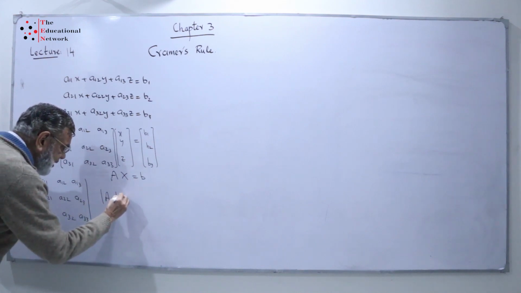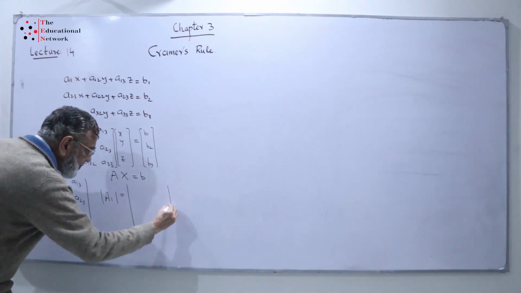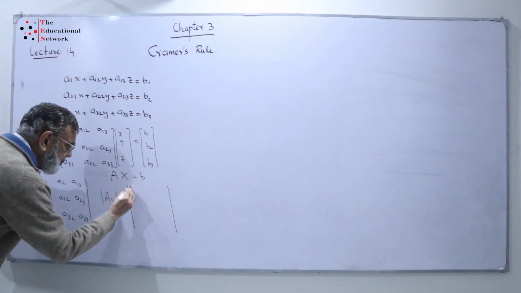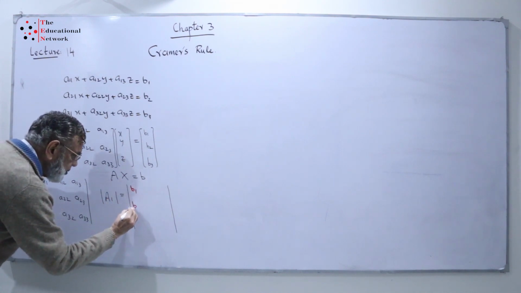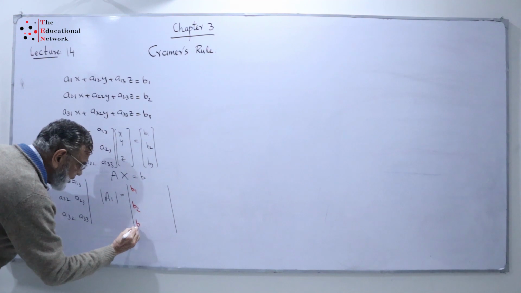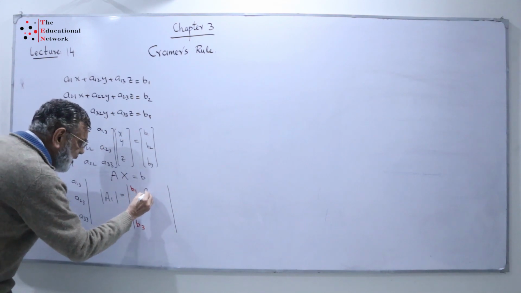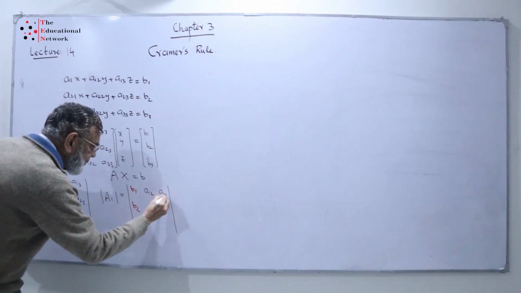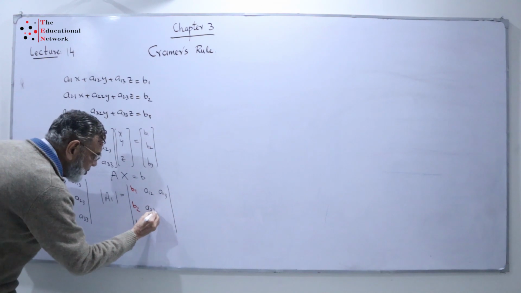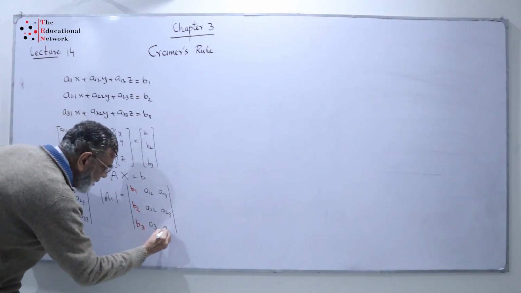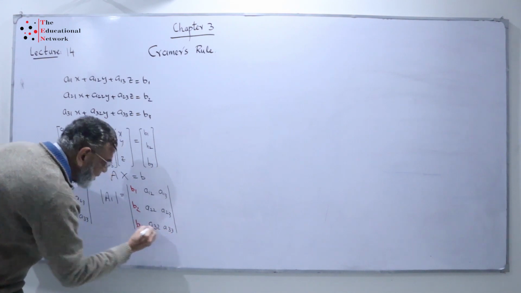My A1 replaces the first column in matrix A by the constants B1, B2, B3. The other columns remain the same: A12, A13, A22, A23, A32, A33.